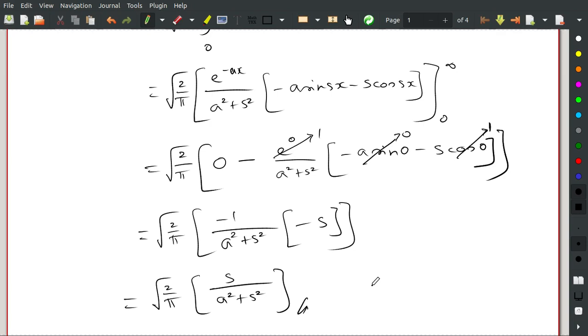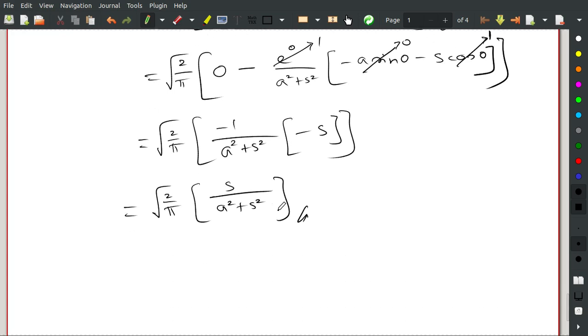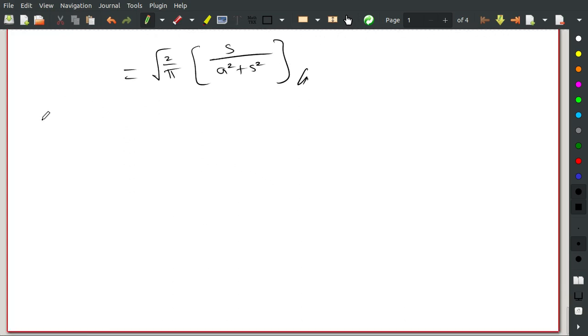Similarly, we have to find the Fourier cosine transform. Let me write the Fourier cosine transform formula. So our Fourier cosine transform is equal to root 2 by pi integral 0 to infinity f of x cos sx dx.